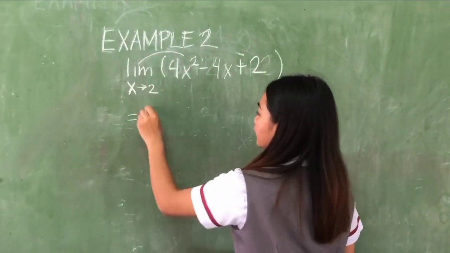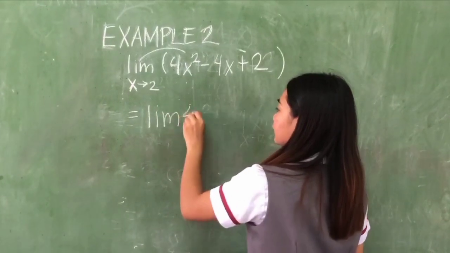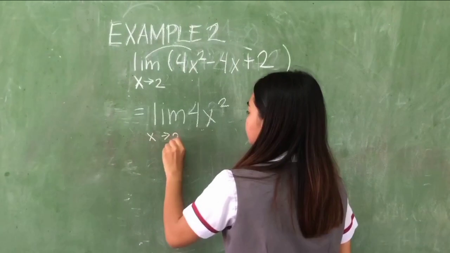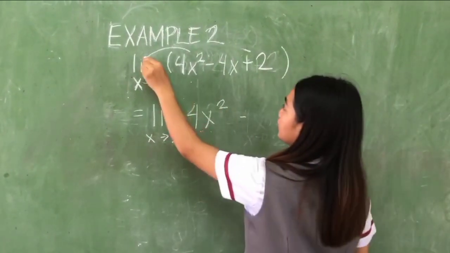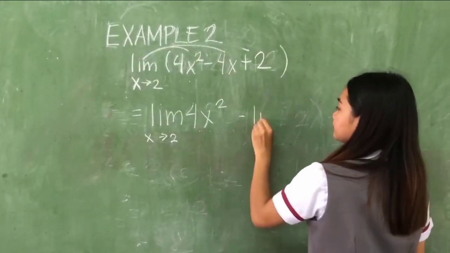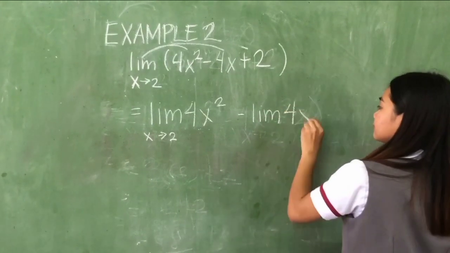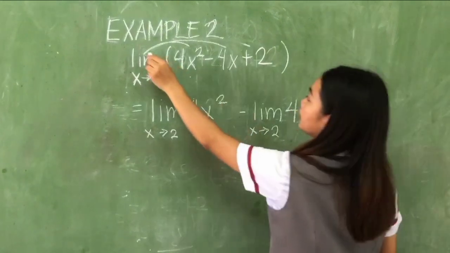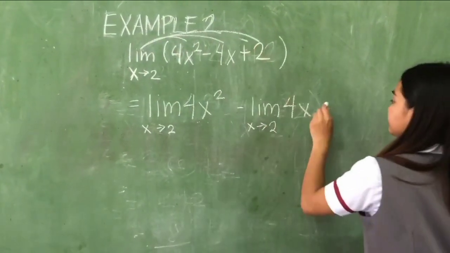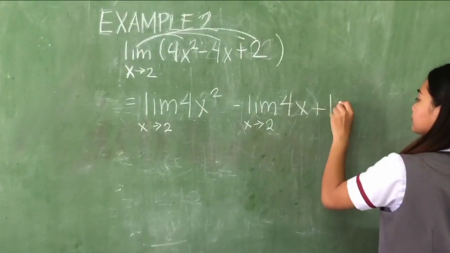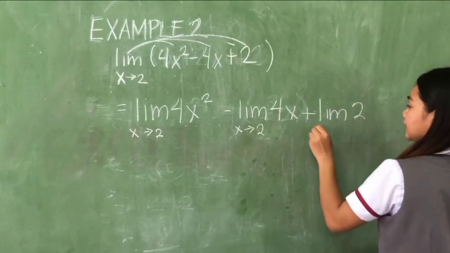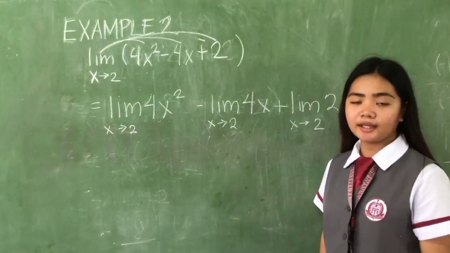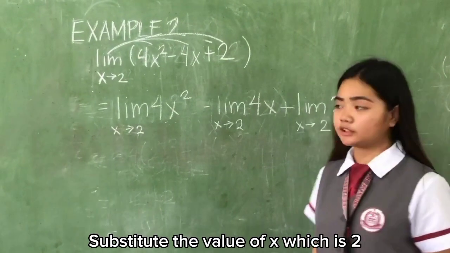Limit of 4x squared as x approaches 2 minus limit of 4x as x approaches 2 plus limit of 2 as x approaches 2. Pagtapos natin mag-distribute, next, substitute na natin yung value of x which is 2.